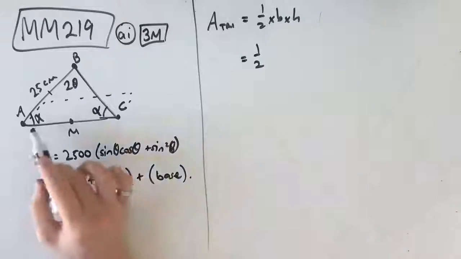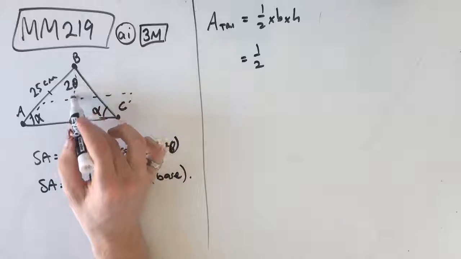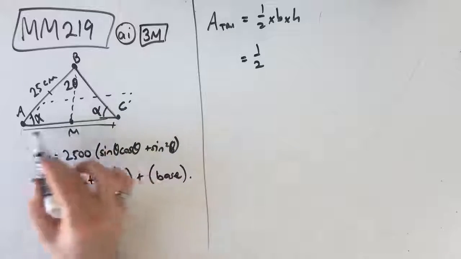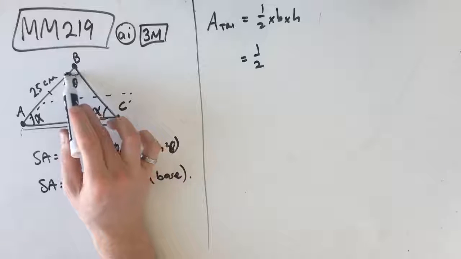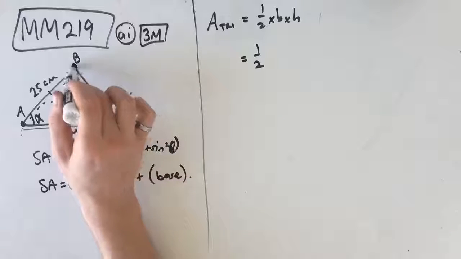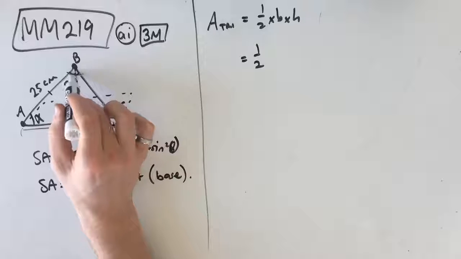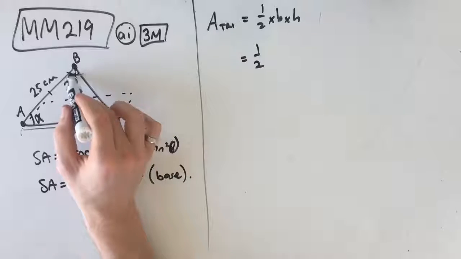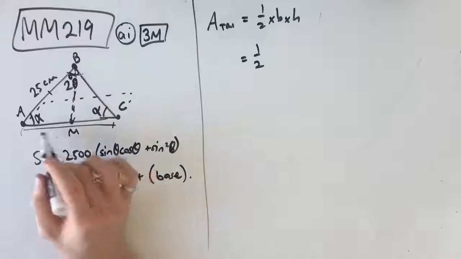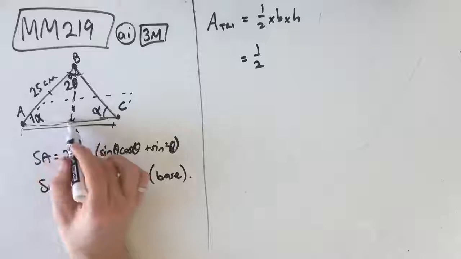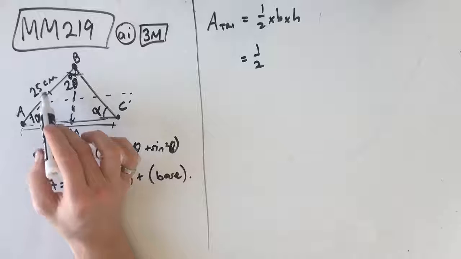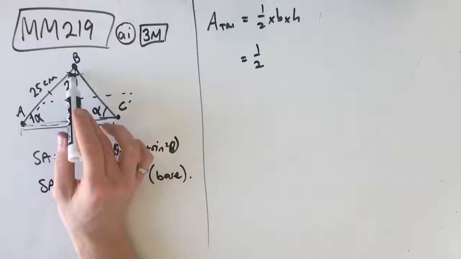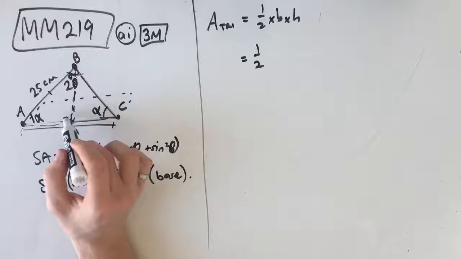Now, the base is equal to this part here, AC. Now, we know that this angle here is 2 theta, which means that half of this angle is going to be theta, right? Which means that our half length here is actually going to be 25 times sine theta, right?